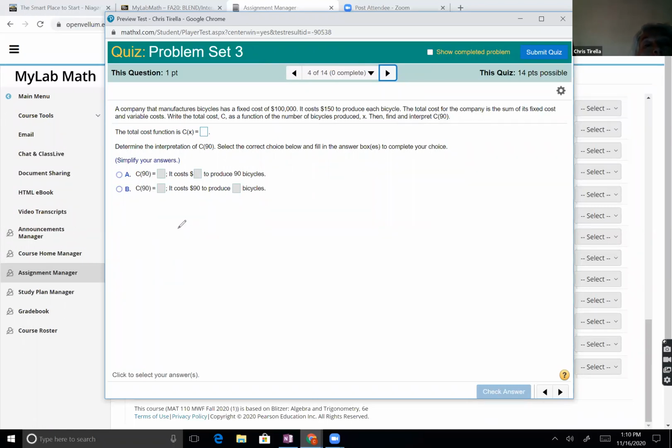And so let's see, C of x. Well, they said the cost is the sum, so we have to add the fixed costs. That's our 100,000 plus our variable costs.